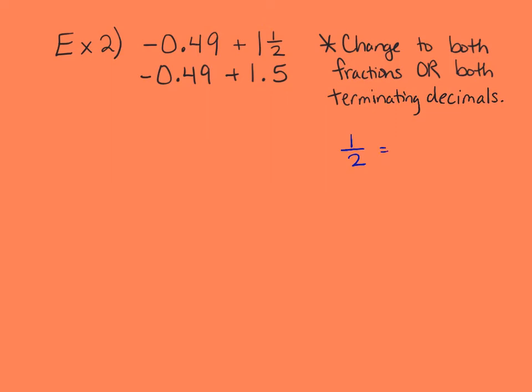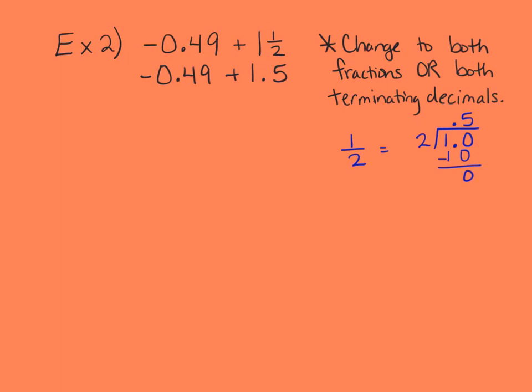All I have to do is divide 2 into 1. 2 won't go into 1, so I place a decimal and place a 0 behind the decimal. 2 will go into 10 5 times. 5 times 2 is 10. And I have no remainder, so I'm finished. So 1/2 is the same thing as 0.5. So 1 1/2 is 1.5.